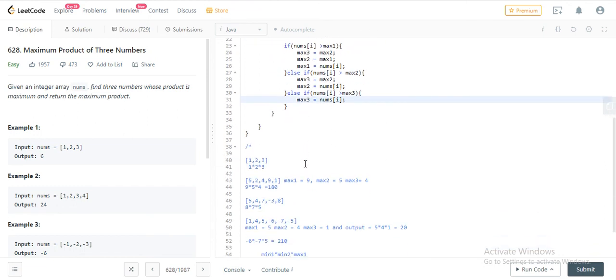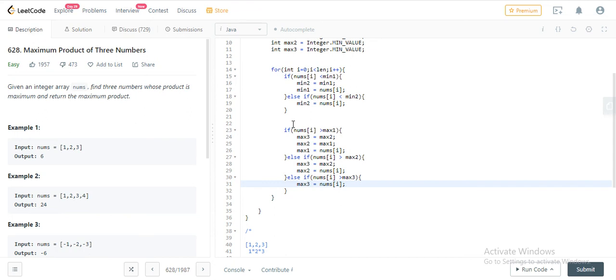So we have our min1, min2, max1, max2, max3.